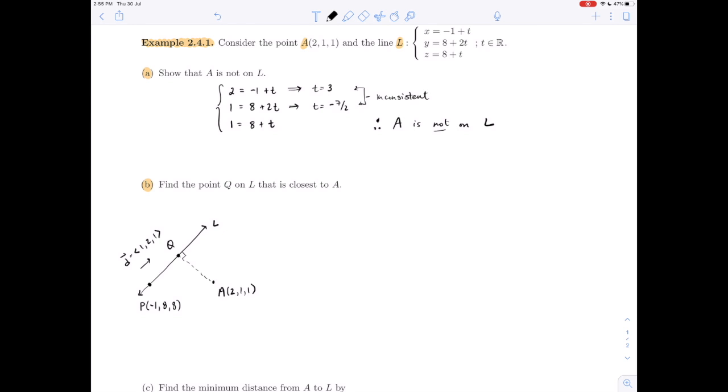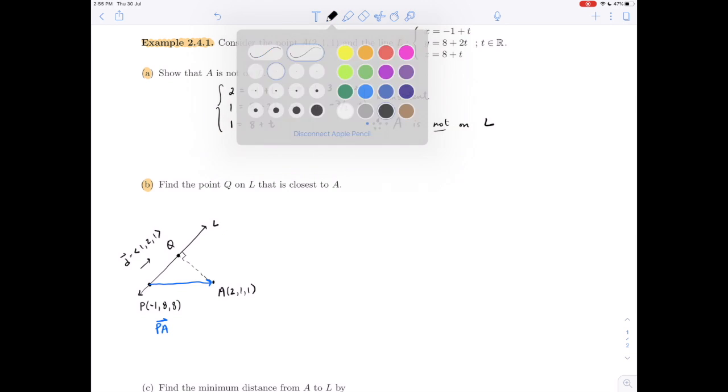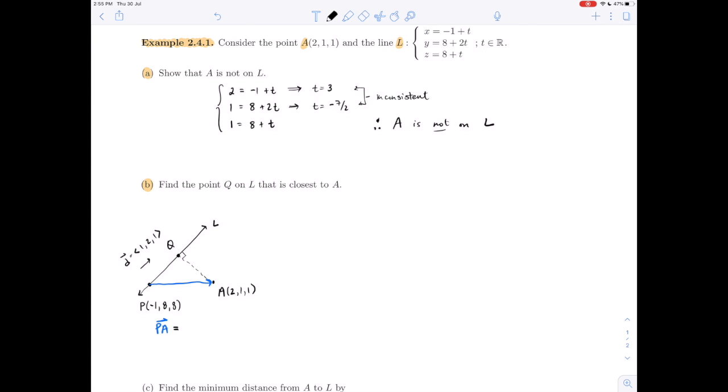And we are going to create the vector PA from P to A. So for PA, I'm going to subtract the components: components of A minus components of P. So 2 minus minus 1, 1 minus 8, and 1 minus 8. So there is our vector PA.